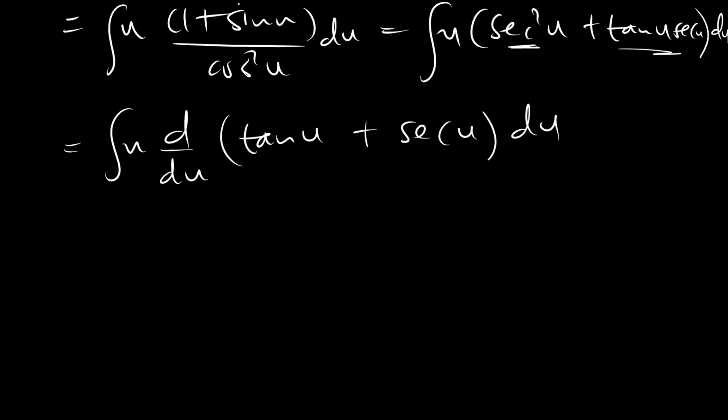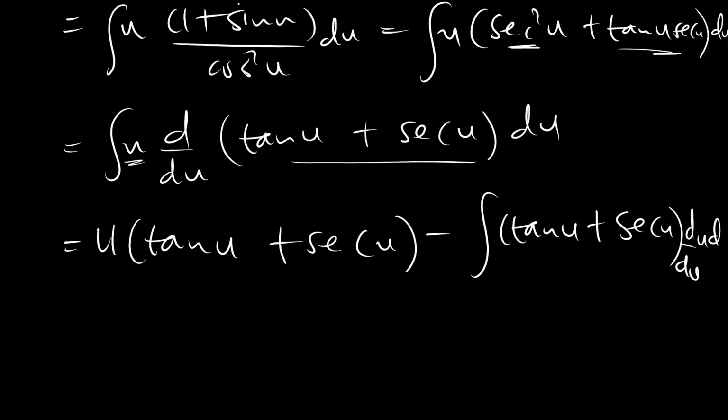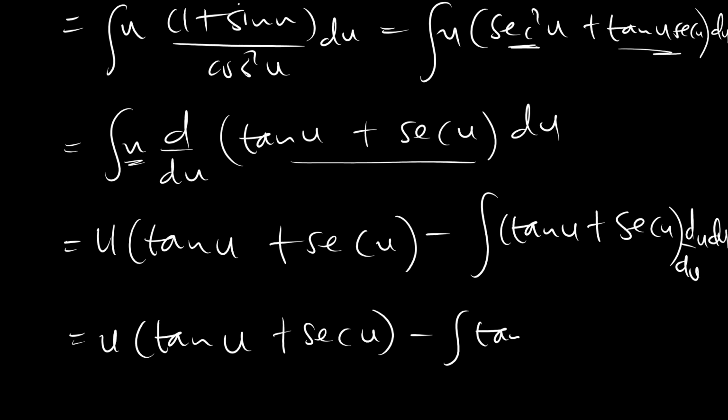And so using integration by parts, this being v, this being u, we have u times (tangent of u plus secant of u) minus the integral of (tangent of u plus the secant of u) times the derivative of u, which is equal to u times (tangent of u plus secant of u) minus the integral of (tangent of u plus secant of u).